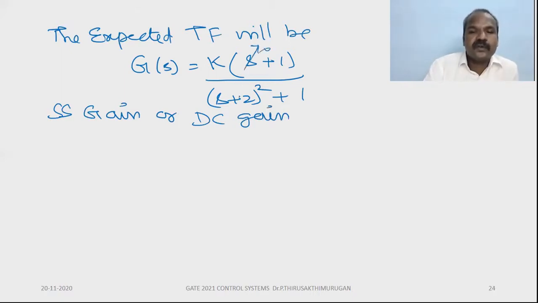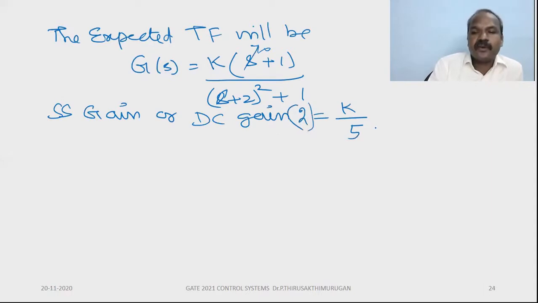So at s equal to 0, the numerator is k and the denominator is 4 plus 1, which is 5. So the DC gain value is k by 5. The DC gain is given as 2, so k equal to 10.